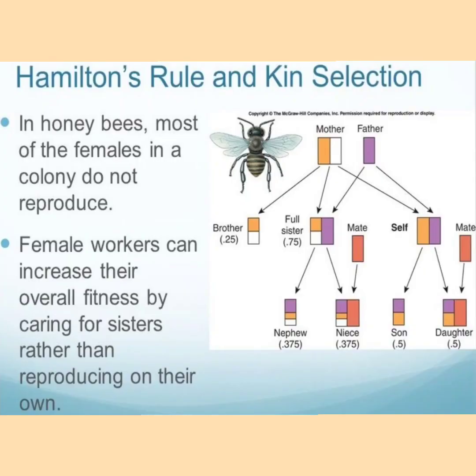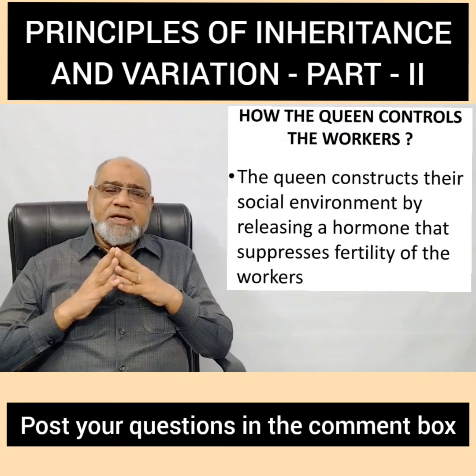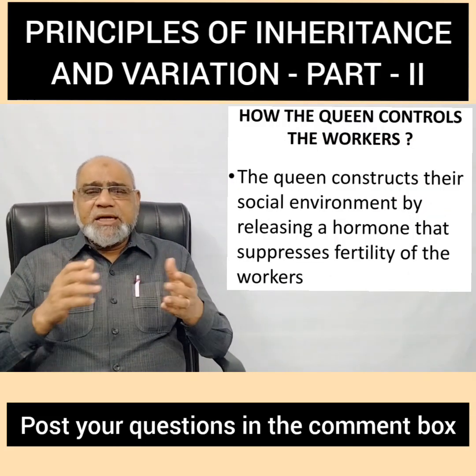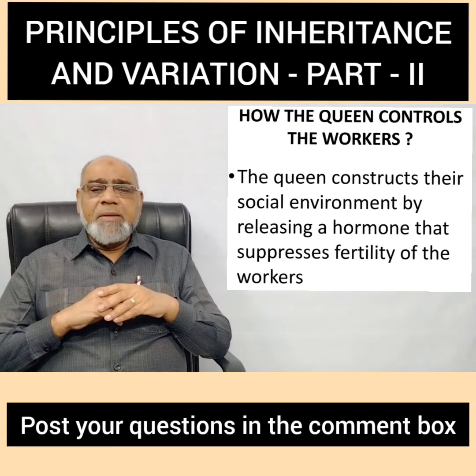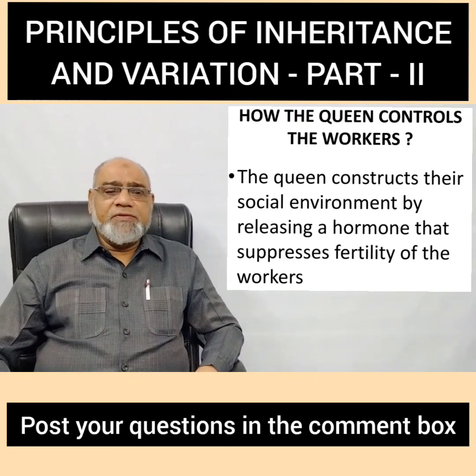According to Hamilton's rule and kin selection, in honeybees most of the females in a colony do not reproduce. Female workers can increase their overall fitness by caring for their sisters rather than reproducing on their own. So how does the queen control the workers? The queen constructs their social environment by releasing a hormone that suppresses the fertility of the workers.